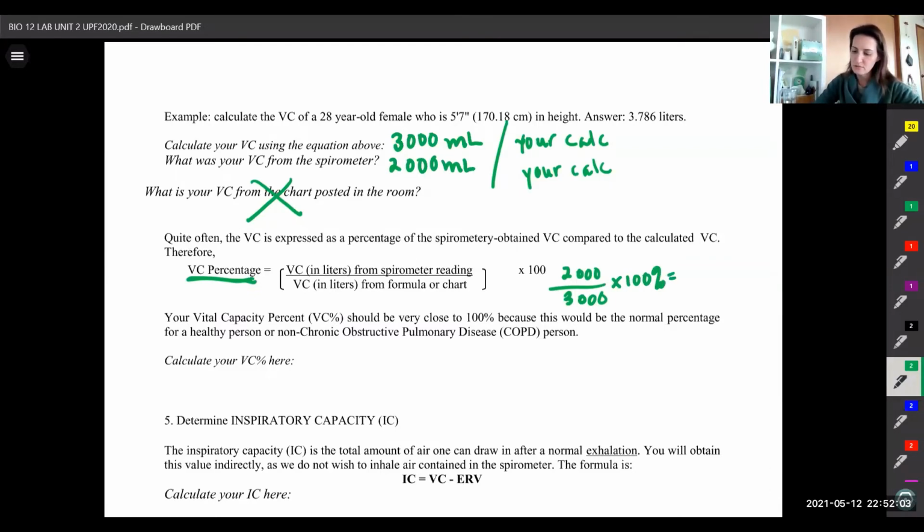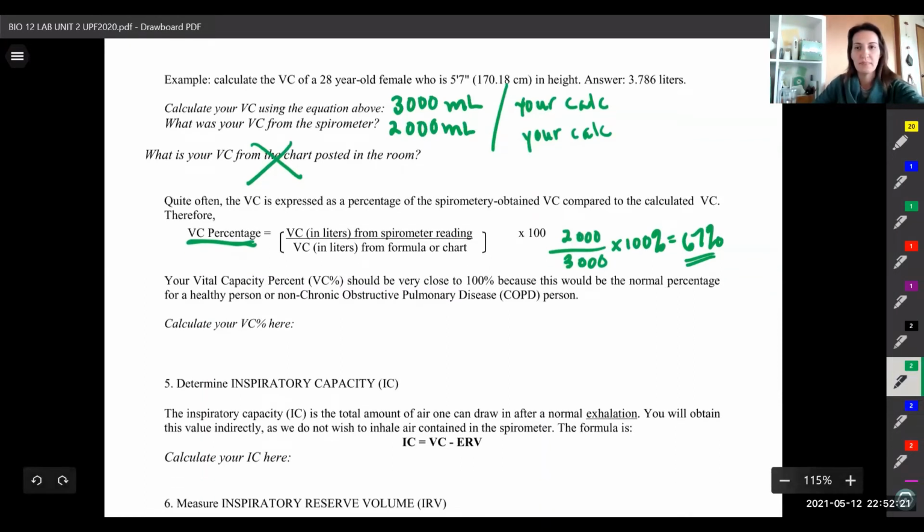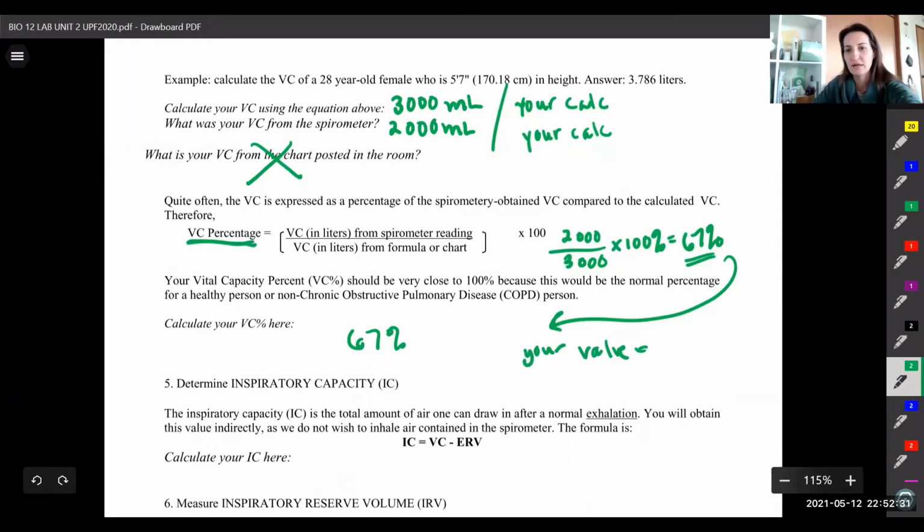That's going to give me here 67% of normal. Since you're using the exact same answer for your calculation, it's going to be 100%. That's what you should get there. Okay, and so this number belongs here, 67%, and your value you should calculate to be 100%.